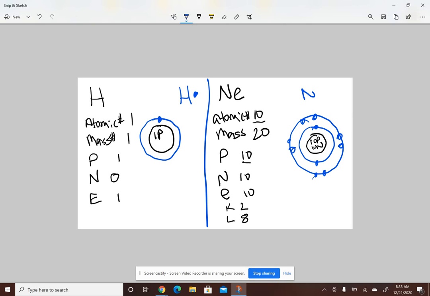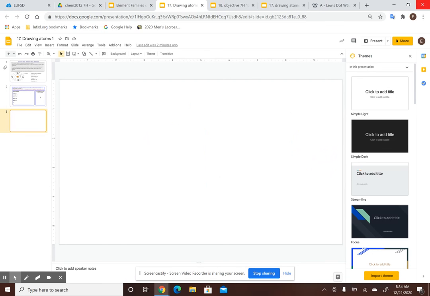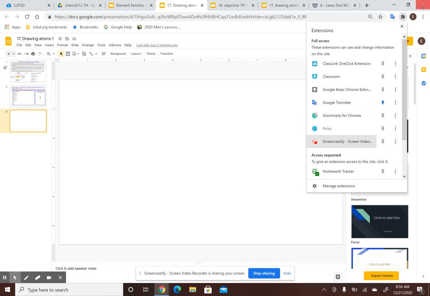But for my dot diagram, I'm only doing the valence electrons. So when I do my electron dot diagram, 1, 2, 3, 4, 5, 6, 7, 8. That would be the electron dot or the Lewis structure for neon. So that is how we draw both atoms and how we draw electron dot diagrams. Thanks for listening.